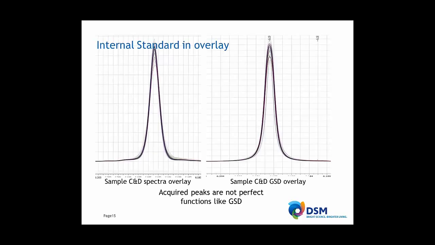So I made a plot of the internal standard in overlay of 42 spectra. And you can see on the left side the spectra as they are, and on the right side the GSD spectra in overlay, and you can see that the line shape of the internal standard is not as pretty as the mathematical function that GSD is giving.